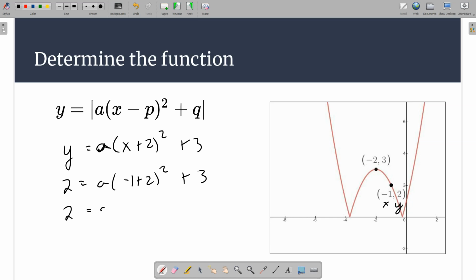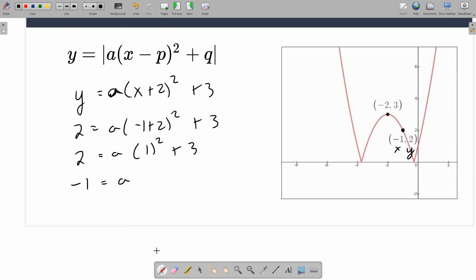So this will be 2 = a(1)^2 + 3. Minus 3 from both sides gives me -1 = a. So my original parabola, before the absolute value signs, was y = -(x + 2)^2 + 3. But clearly it's been absolute valued.